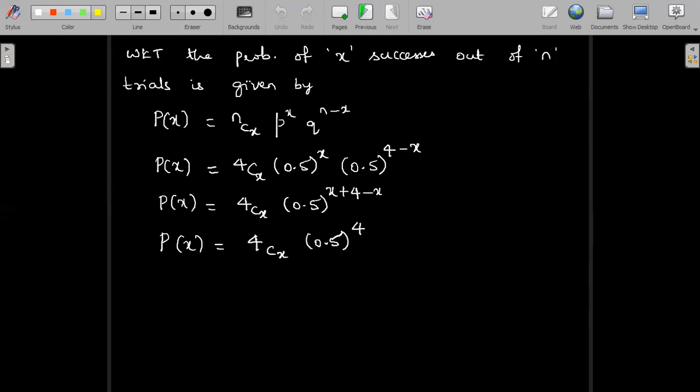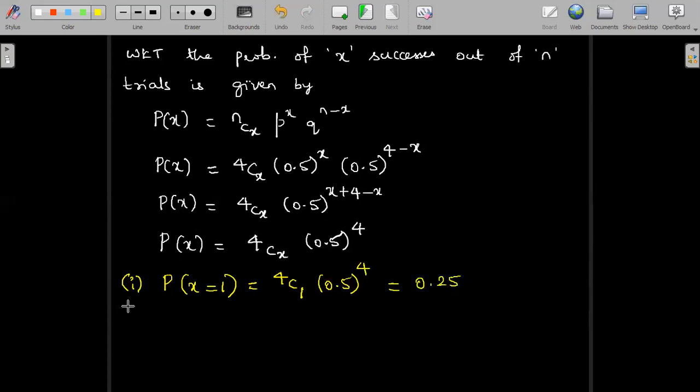So I'll just write it down. Probability of getting x is equal to 1 is 4cx into 0.5. This I can directly write because x is taken as 1 now. So we can write 4c1 and 0.5 whole power 4. If you have already simplified 0.5 whole power 4, that's fine. So now using a calculator, this becomes 0.25.